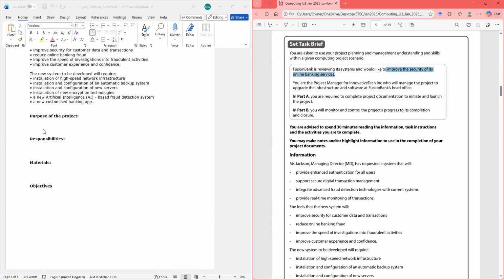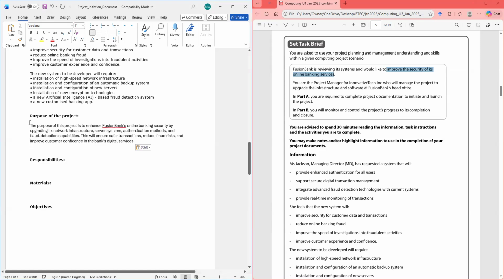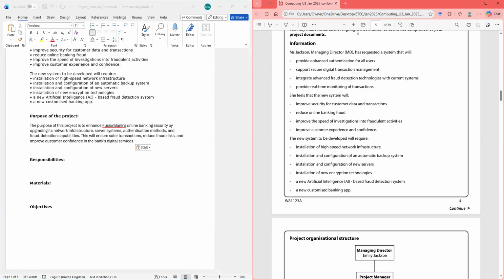The purpose of the project is to enhance Fusion Bank's online banking security by upgrading the network infrastructure, server system, and authentication. So I'm saying I'm going to do this by doing, right?